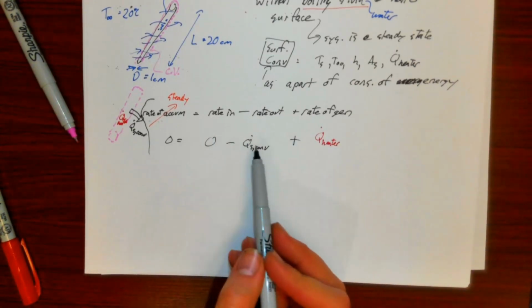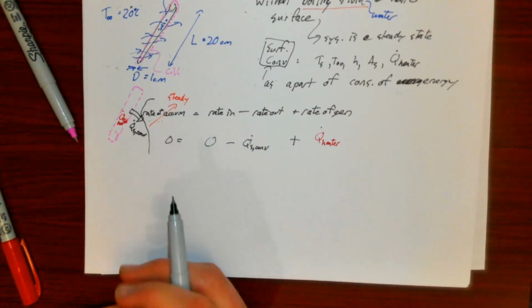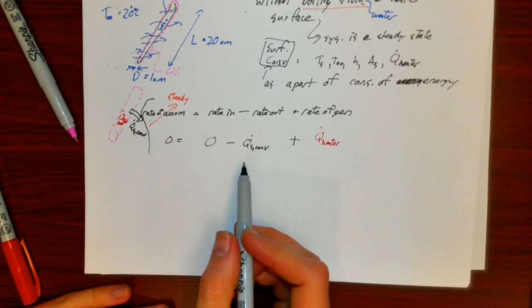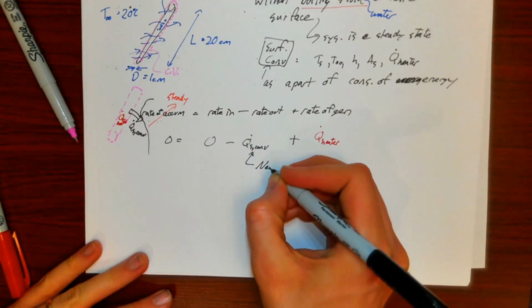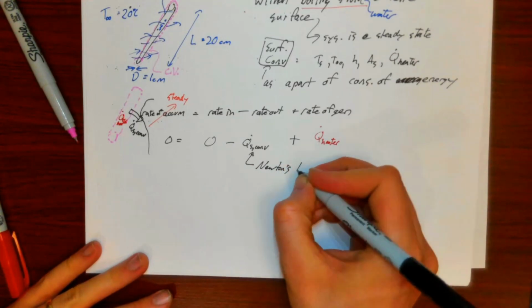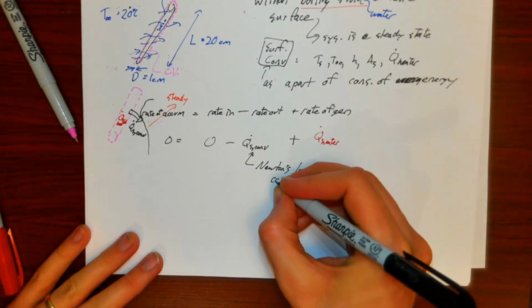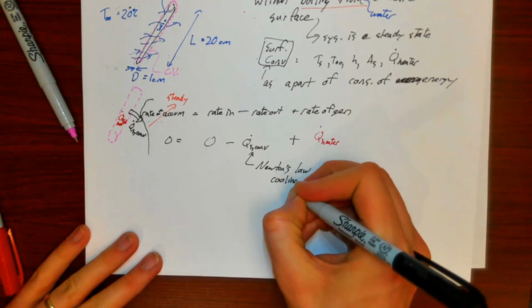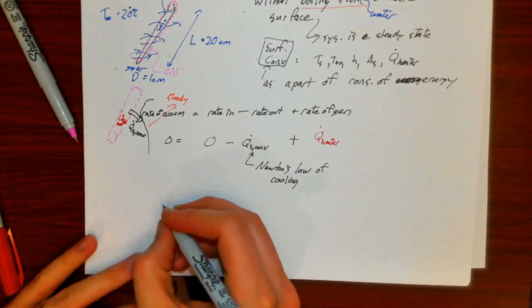We probably could have just intuited this result, but it's useful to follow the formalism that we have here. So what can I do? Well, this Q dot surface convection, I can apply Newton's law of cooling to. So what might that look like?